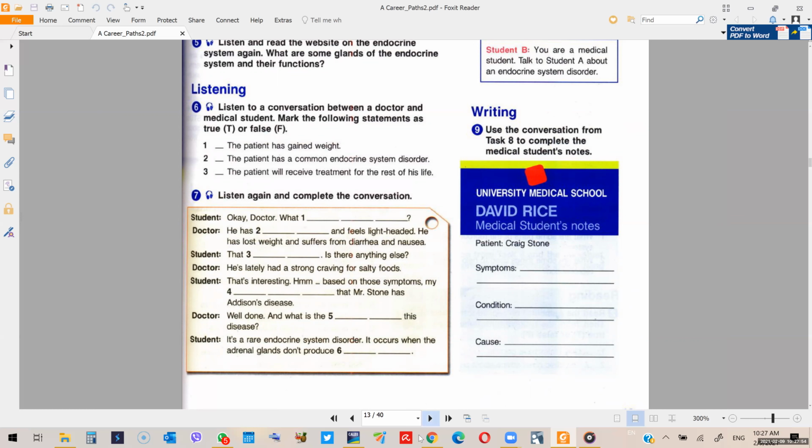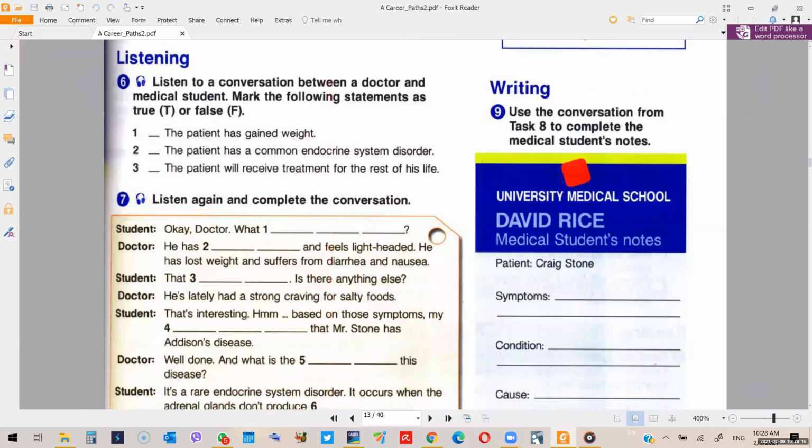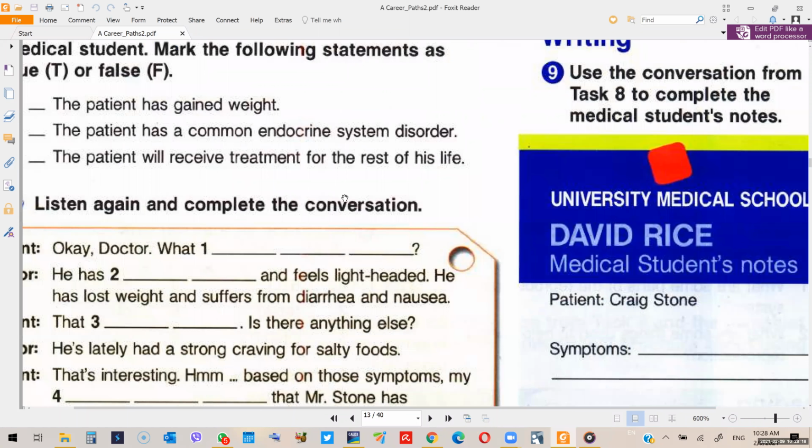Exercises 6 and 7, page 13. David, let's see if you can identify Mr. Stone's condition. Okay, doctor. What are his symptoms? He has extreme fatigue and feels lightheaded. He has lost weight and suffers from diarrhea and nausea. That sounds serious. Is there anything else? He's lately had a strong craving for salty foods. That's interesting.